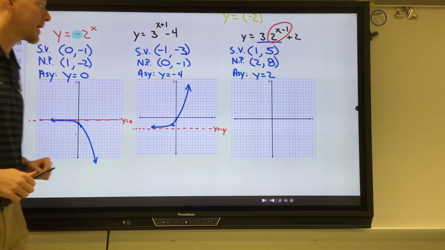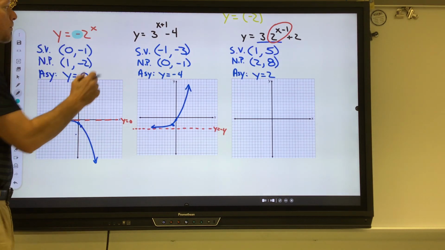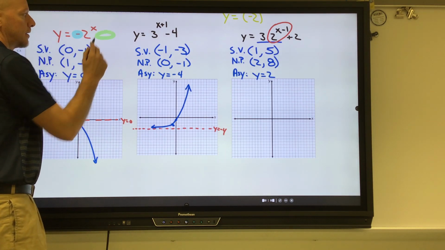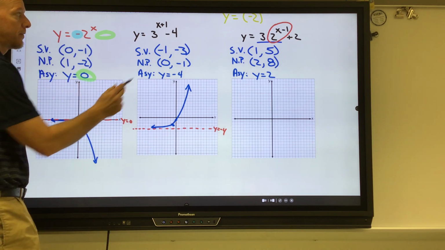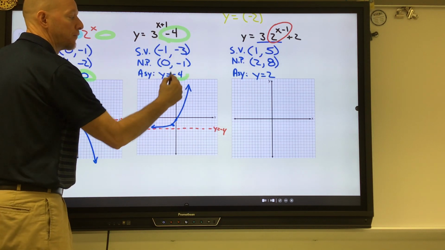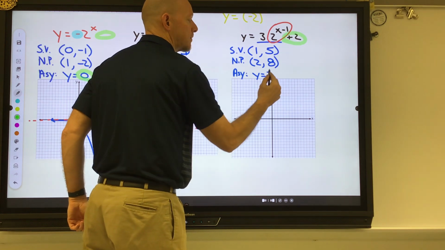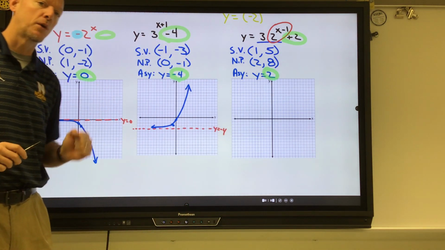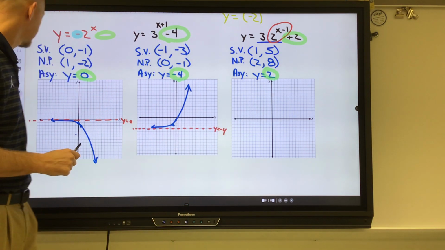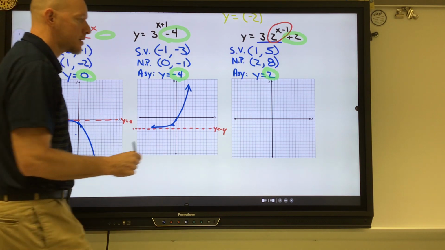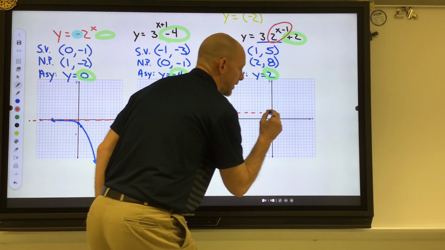So one of the things you're probably catching on to is that whatever is being added, in this case nothing, or 0, in this case a -4, in this case a +2, identifies where our asymptote is going to be. When I go to sketch, I'm going to start off by sketching that line.